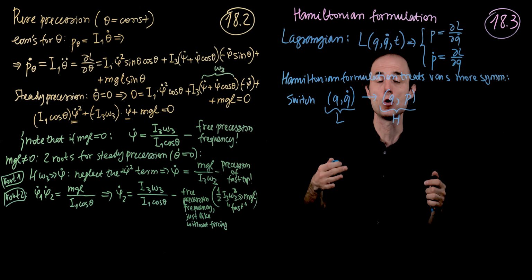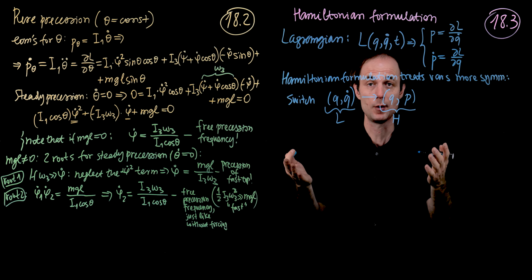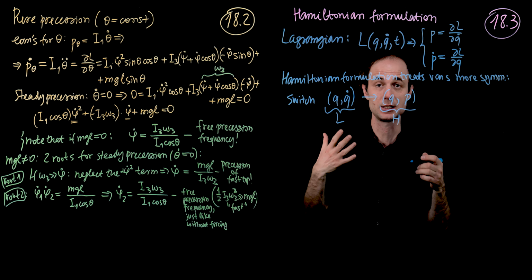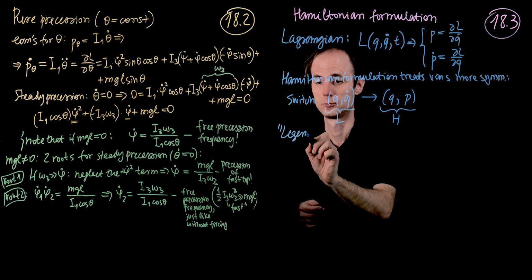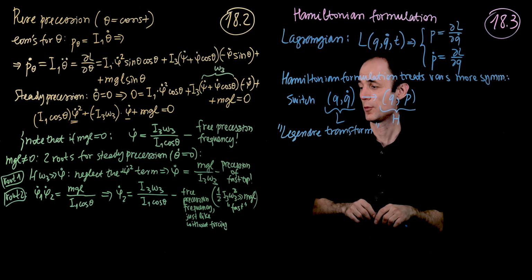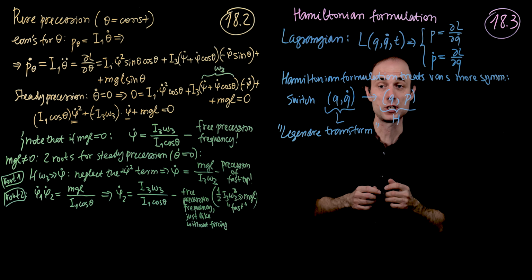So how do we go from the Lagrangian to the Hamiltonian formulation? For that, we use something that is known as the Legendre transform. So let us illustrate the Legendre transform on a thermodynamic example.